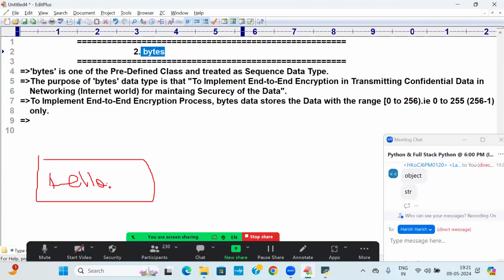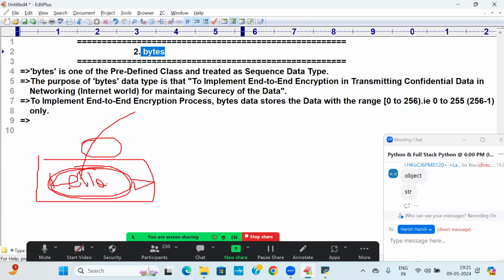I will write hello. The moment I hit the send button, the WhatsApp app will convert this into bytes type, encryption type. That means it is not the responsibility of the programmer to write the bytes data in the program. Yes or no?